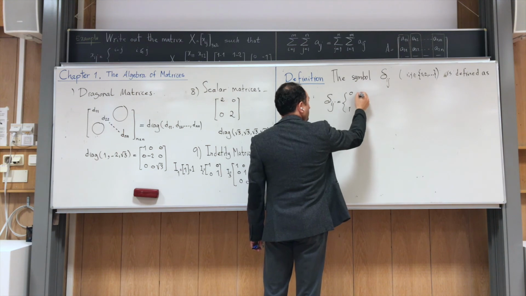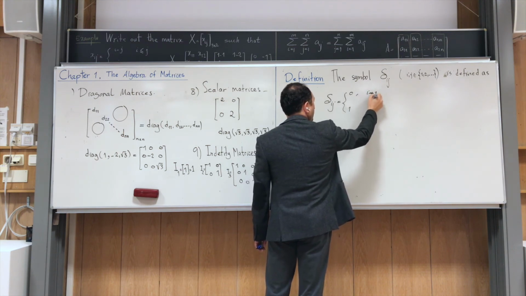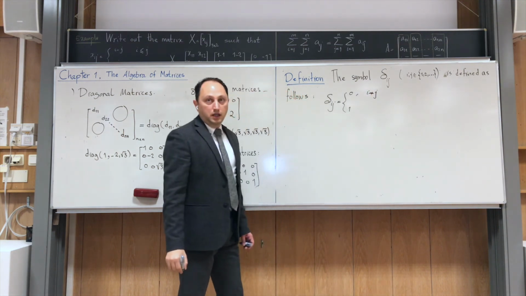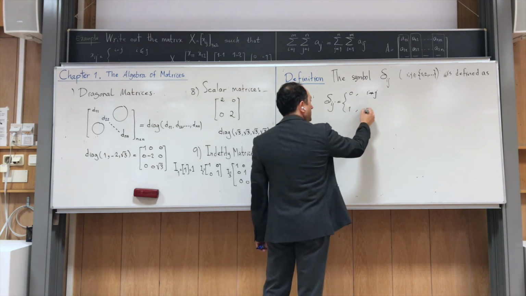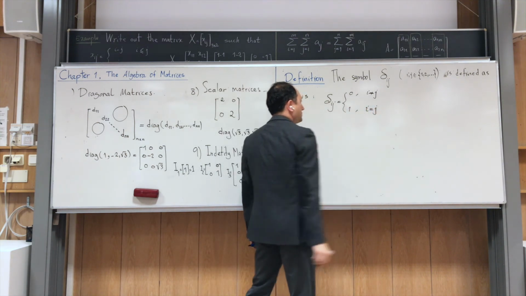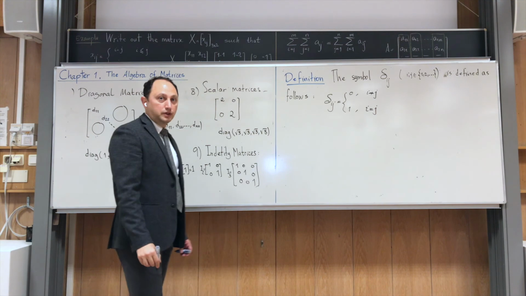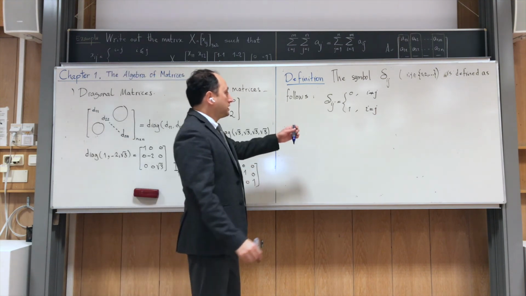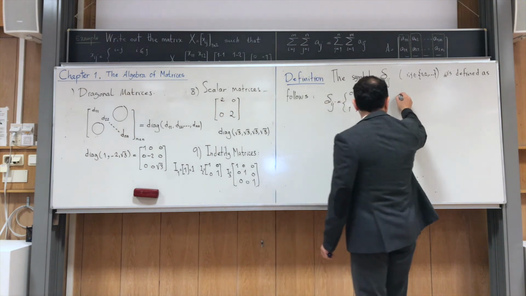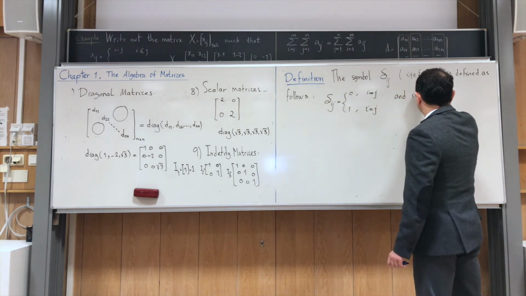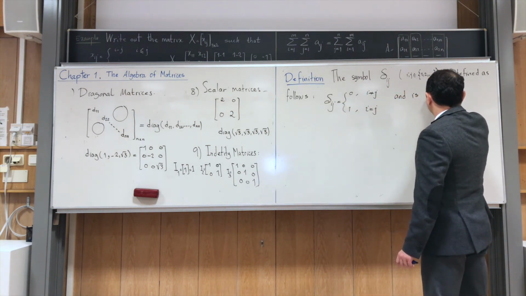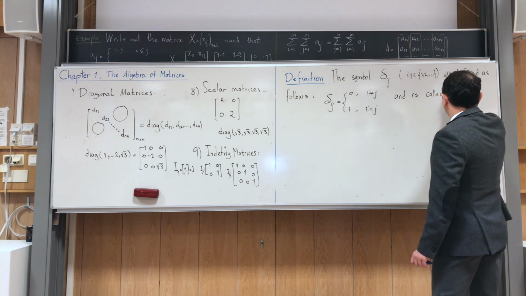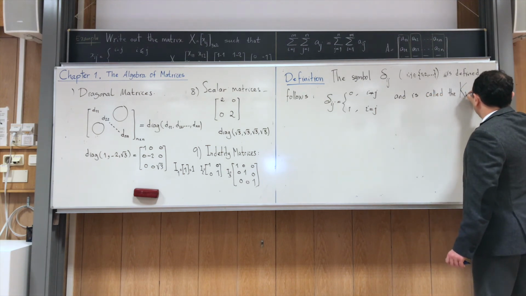It takes value 0 if these two indices are not the same, and it is defined to be equal to 1 if these two indices are the same. Okay? This symbol is called the Kronecker delta.